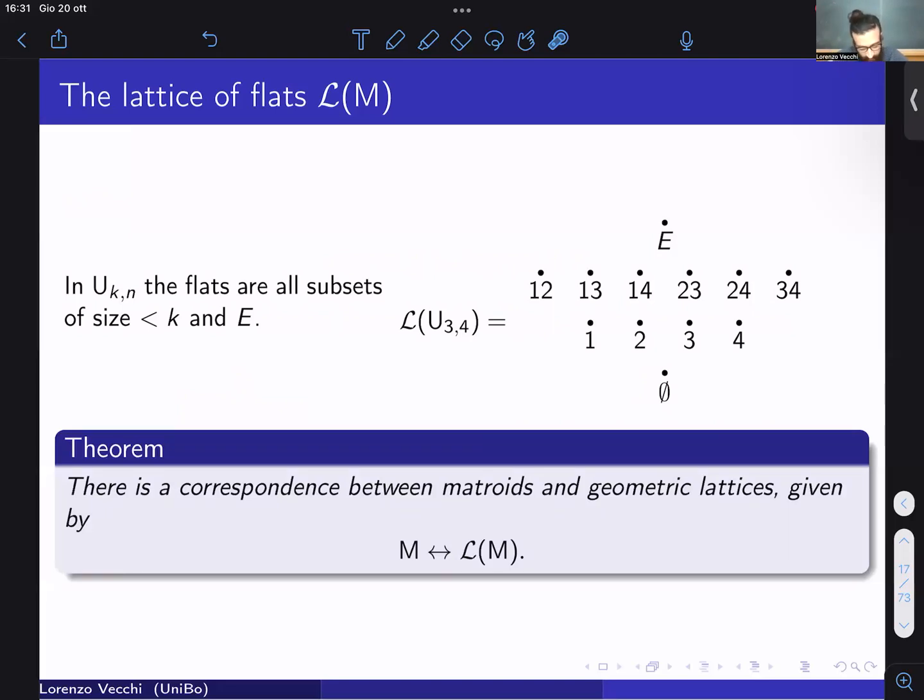And this correspondence is given by, if I start with a matroid M, I'm going to take the lattice of flats, and this will be a geometric lattice. And then if I start from any geometric lattice, I can always construct a matroid from it such that its lattice of flats is isomorphic to the lattice I started with. So from now on, I'm going to talk about matroids not using the independent sets, but using this poset theoretic definition with the lattice of flats.